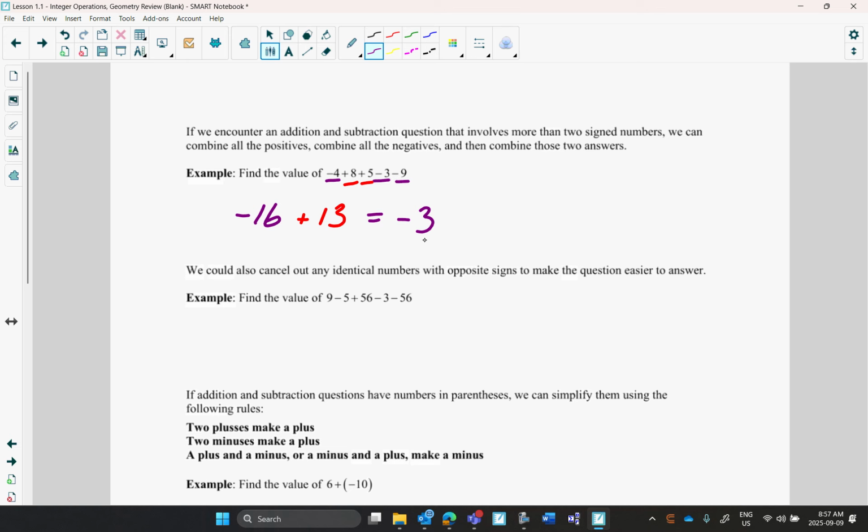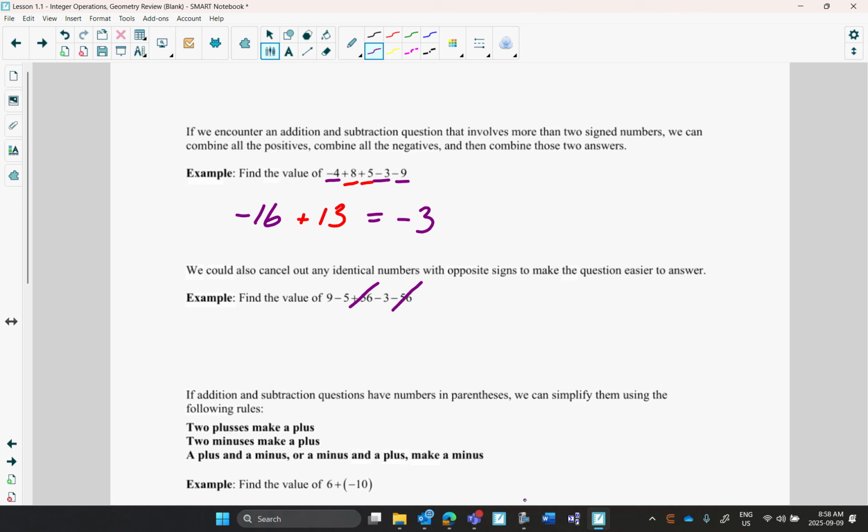How about the next one? Notice anything that you could do to make life easier? Remember, mathematicians are lazy. We're always looking for things to make life easier. Anything? Julia? There's a positive 56 and a negative 56. That would be 0.